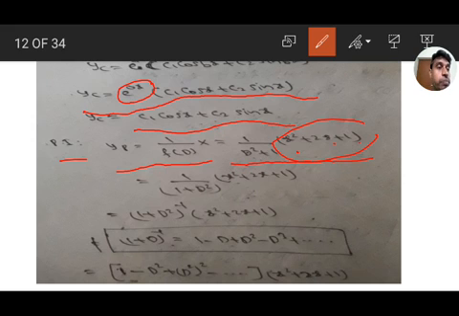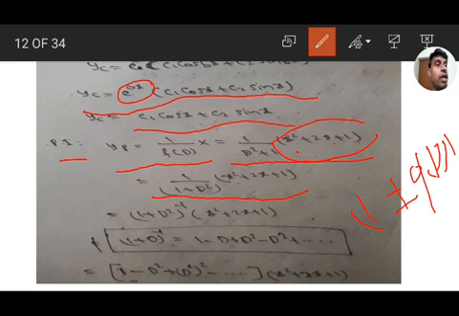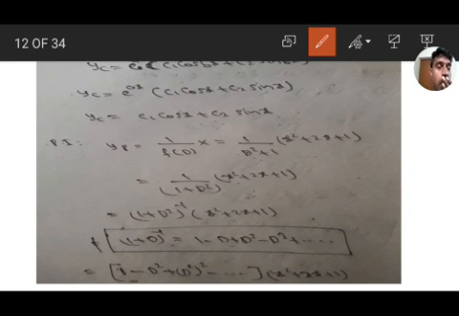So first, 1 by (1 plus d square) of x square plus 2x plus 1. Here in the denominator, one term is already there, it is already in the form of 1 plus d, so no need to take common. Because we have to convert it into the form 1 plus or minus phi of d, bring it into the numerator: (1 plus d square) whole to the power of minus 1 of x square plus 2x plus 1.